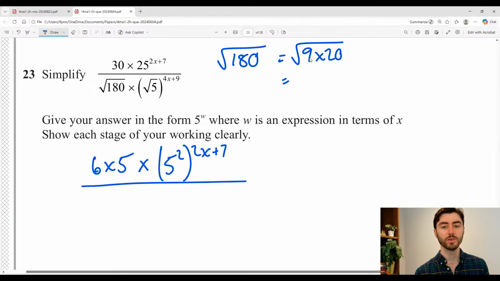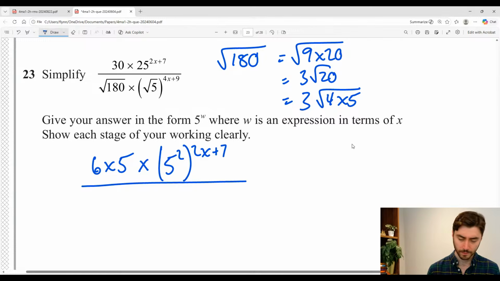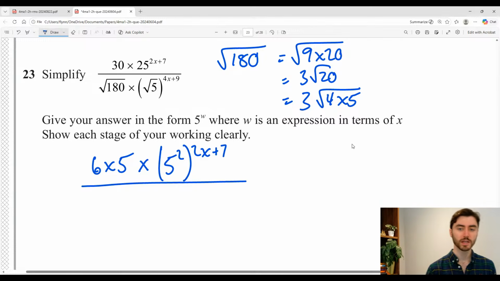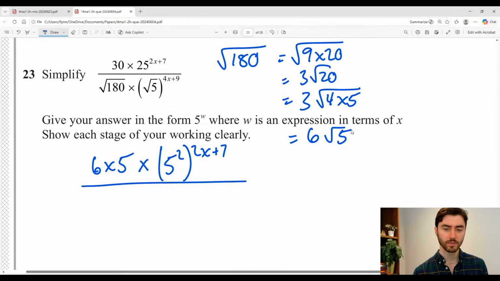So in other words, that's root 9 times root 20, which is 3 root 20. But 20 is 4 times 5. So root 20 is root 4 times root 5, and root 4 is 2. So multiplying that all through, I get 6 root 5 on the bottom.